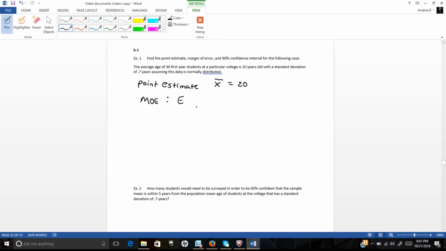And the formula for this is we have to do the z-score that corresponds to our confidence level, which in this case was 90%. That's what it gave us in the problem up above. And then we have to do that times our standard error, which we talked about at the end of chapter 5 before, which is our standard deviation divided by the square root of n.